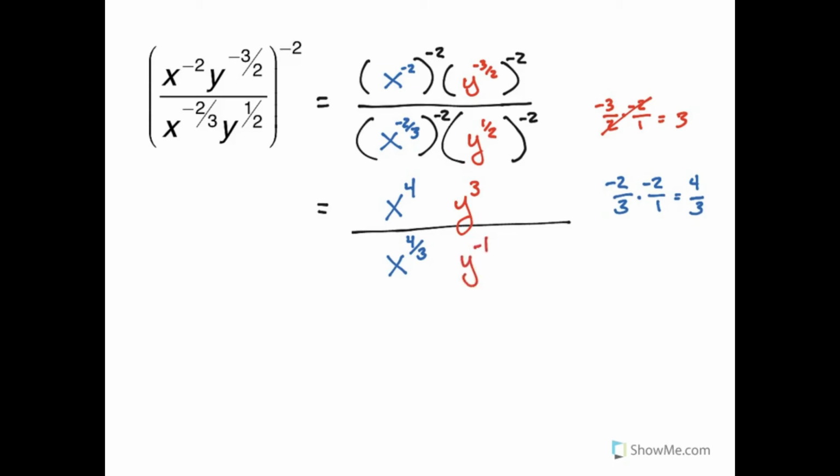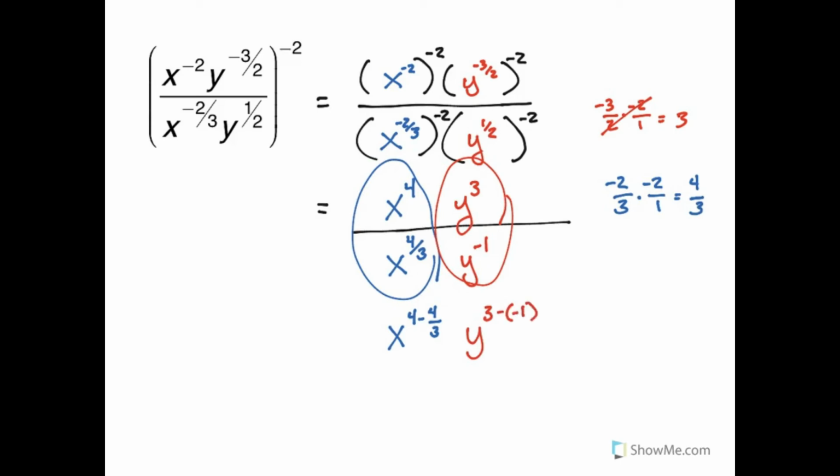Well, this looks easier to simplify. When I divide the x's here, I'm going to have x to the 4 minus 4/3 power. And when I divide the y's, I'm going to have y to the 3 minus negative 1 power.